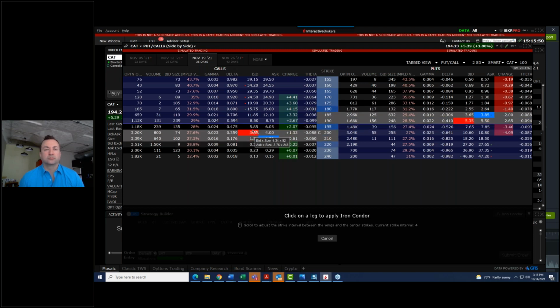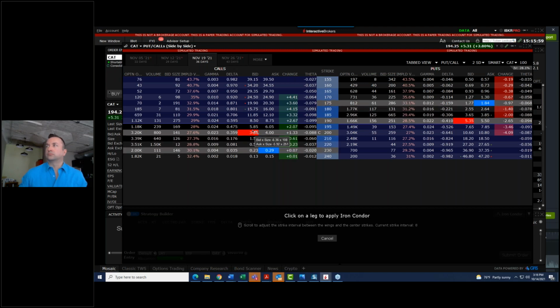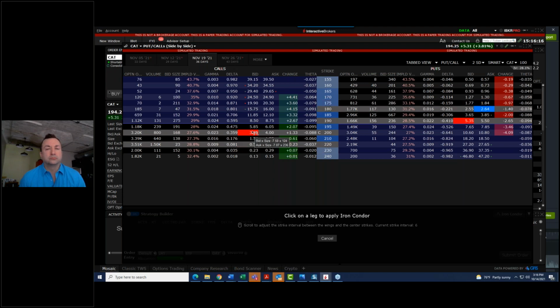If I go to my 200, 210 and 190, 185, I should be able to widen that out a little bit too. There we go, just by moving the cursor here. I'm using the 190 put side down to 175, and I'm using the 200 strike on the call up to 230. Just use the mouse wheel to bring it in a bit.